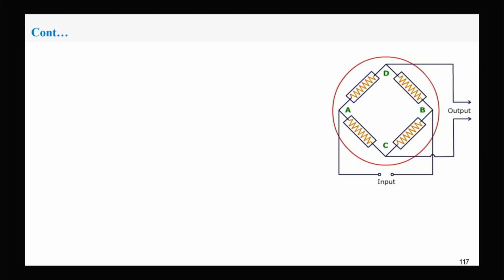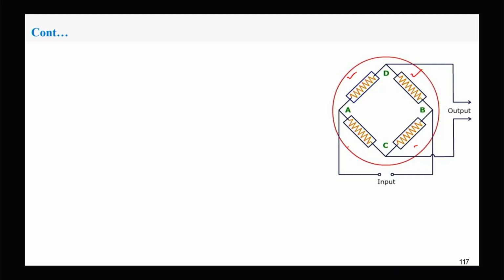So the Wheatstone bridge is being formed. At the top, two resistance wires are fitted, and at the bottom surface, two others are fitted.